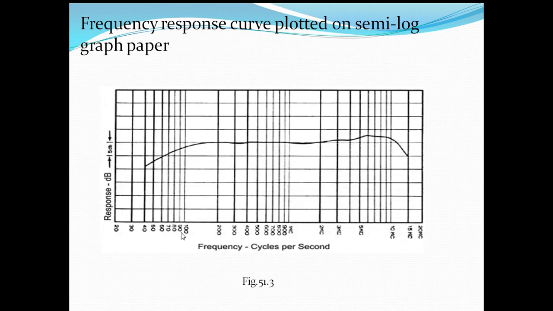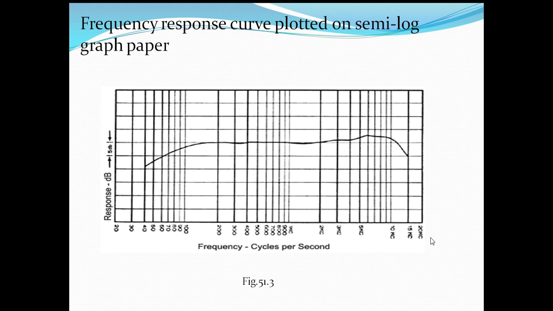Here, from 0 to 20 Hz, 30, 40, 50, 60, 70, 80, 90, 100, 200, 300, multiples of hundreds, next multiples of thousands, next multiples of 10,000s and so on.